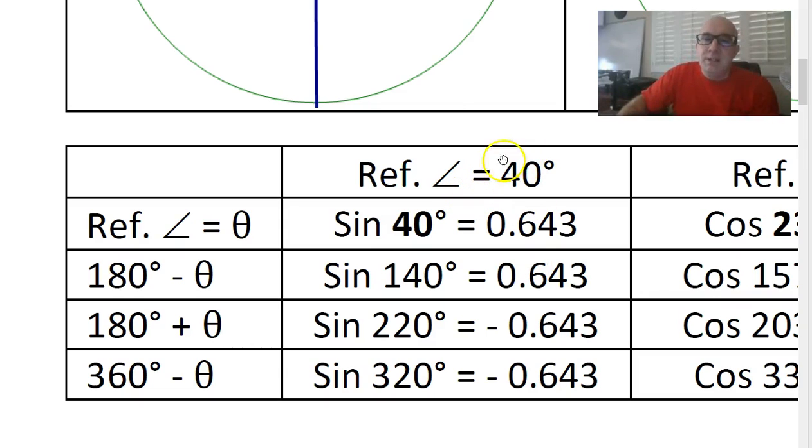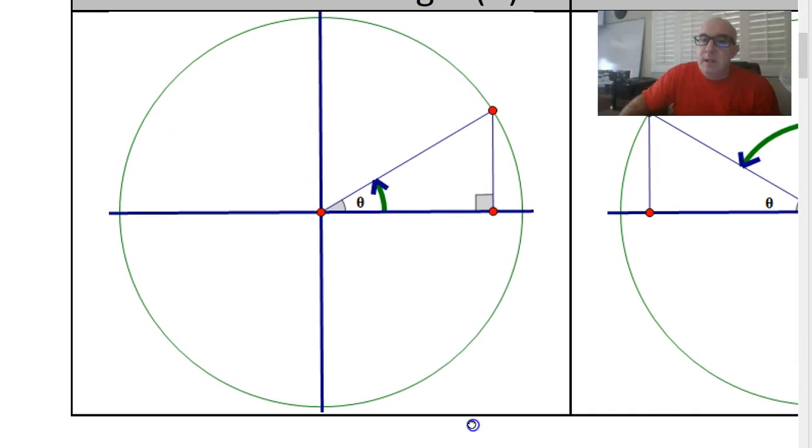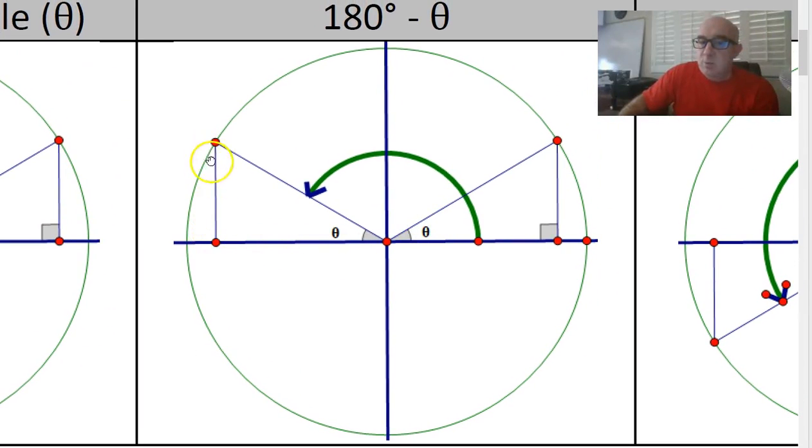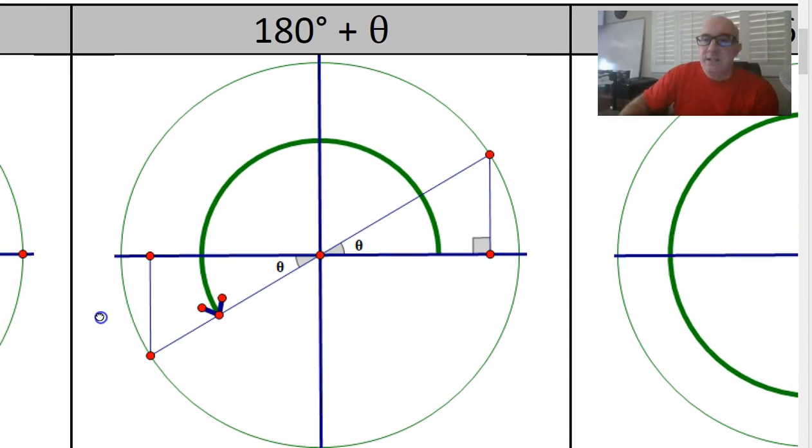Well, let's go back to those places. If you're in this quadrant, sine would be the opposite, a positive value divided by a positive, so it's positive. If you were in this quadrant, this y value is the opposite, and positive divided by positive is positive. Now, watch. In this particular arrangement, the y value is a negative y value divided by the hypotenuse, which is always positive.